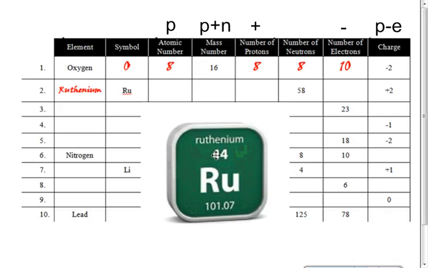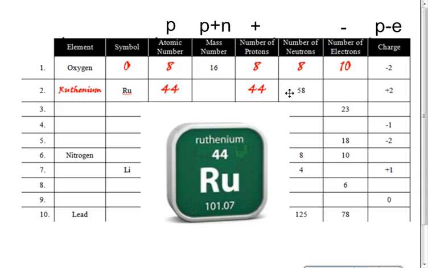What's the atomic number? 44. Immediately, what else do I know? Atomic number and protons are the same. In this case, I was not provided the mass number, but I look above and what I recall is that the mass number is my protons and my neutrons.